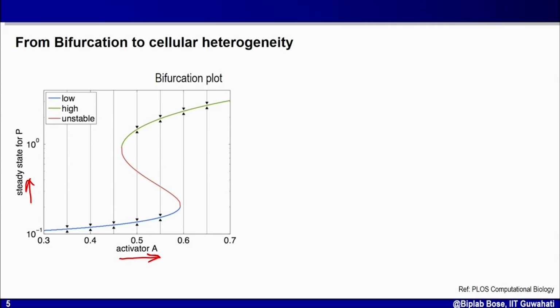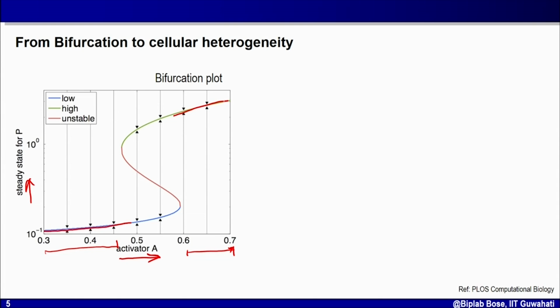And I can show it mathematically. I am going to draw this one, and from the previous data you can understand easily that when the signal A is at a lower value, say up to this range, I have only one steady state, which is stable and has a lower value, this blue region. Whereas when I have a higher value, like 0.6 to 0.7, I have this one.